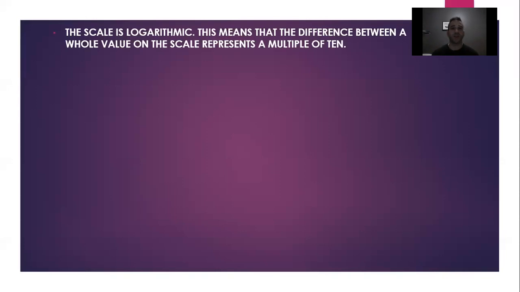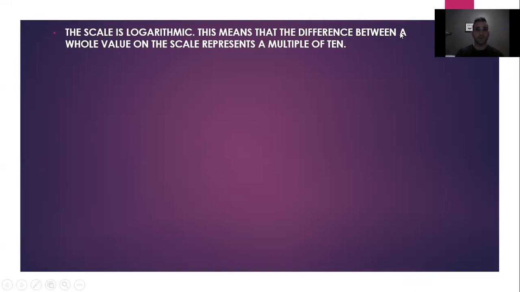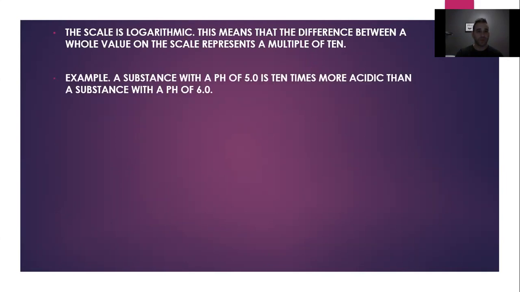Okay, the scale is logarithmic, okay? This means that the difference between a whole value on the scale represents a multiple of 10. Example, a substance with a pH of 5 is 10 times more acidic than a substance with a pH of 6, okay?